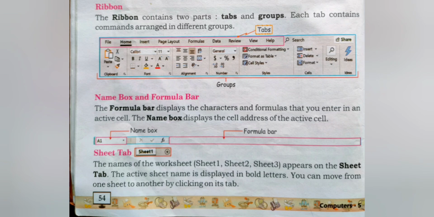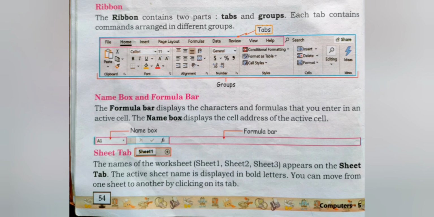And the name box displays the cell address of the active cell. In the picture, A1 is the active cell, so the name box is showing the active cell's address.